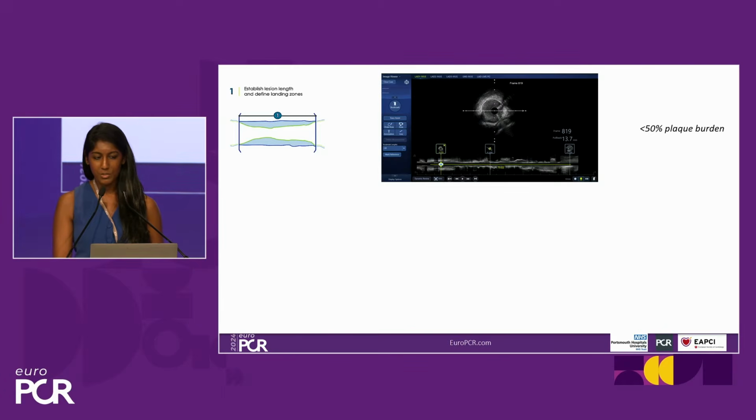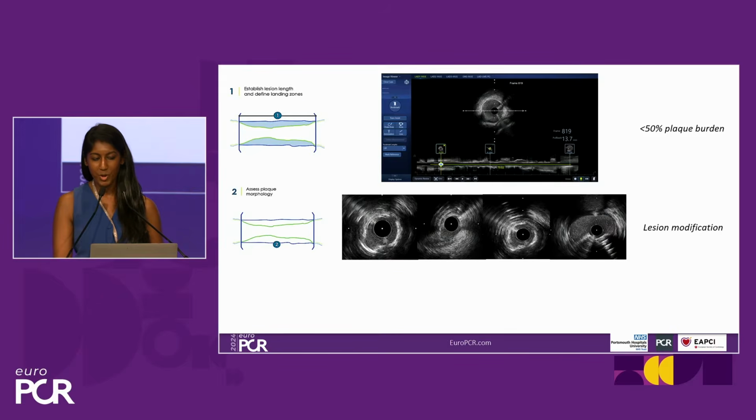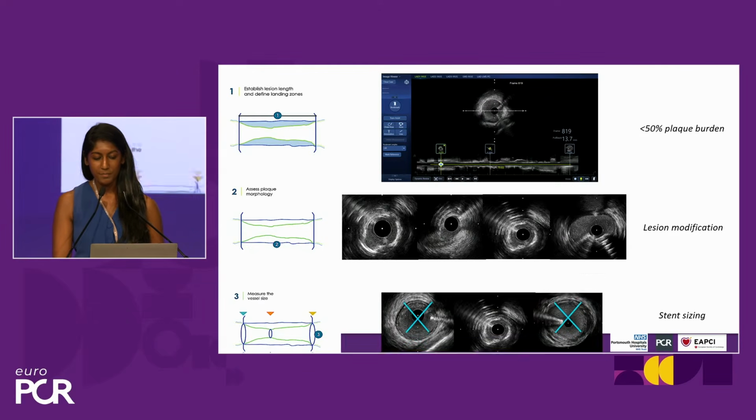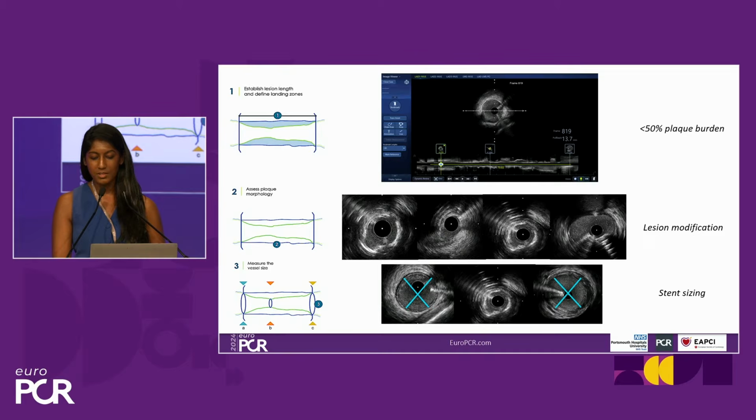And then we used an IVUS 123 approach to establish the lesion length, which was around 78 millimeters, looking for landing zones with less than 50% plaque burden, assessing the plaque morphology, and you can see here lots of rotor reverberation where the rotor burr has contacted nodular calcium and fractured it. And then we're looking at vessel sizes so that we pick the right size stent and we appropriately optimize it.